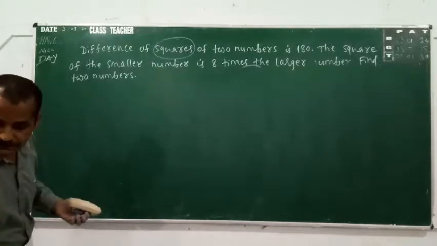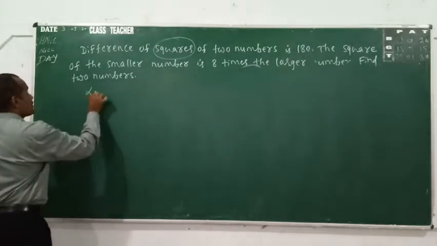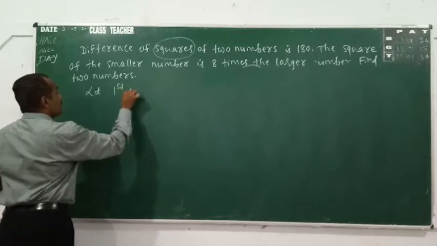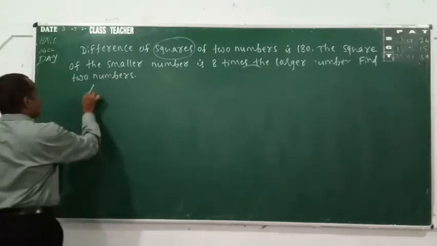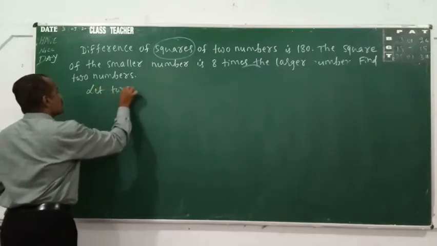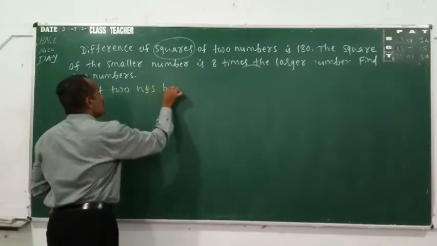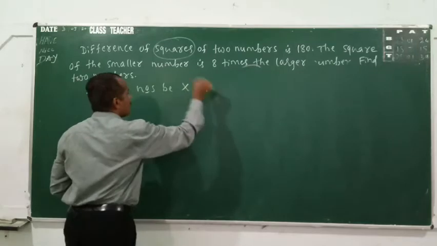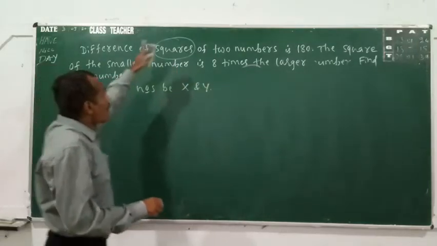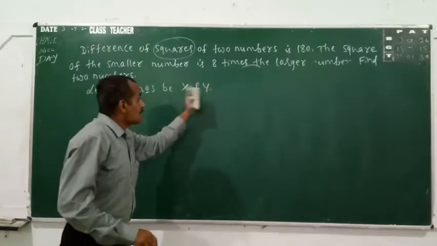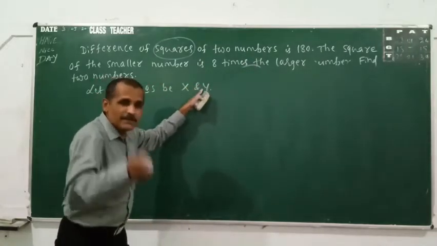I will write: let the two numbers be x and y. What is given? Difference of squares of two numbers. I will square them and subtract them.